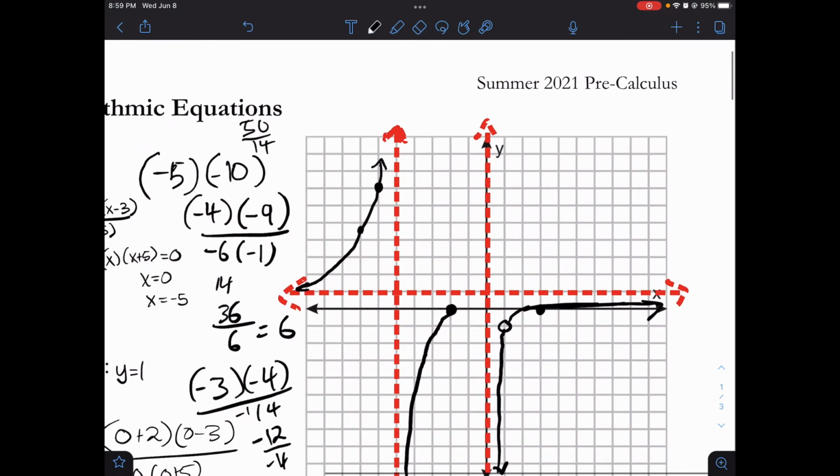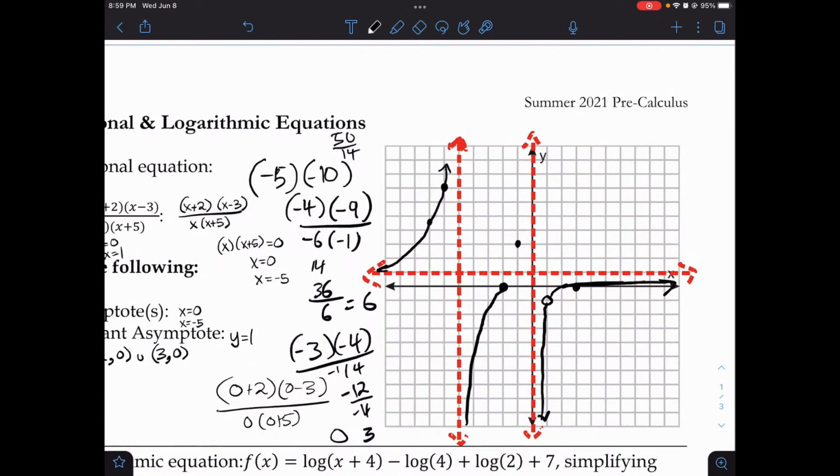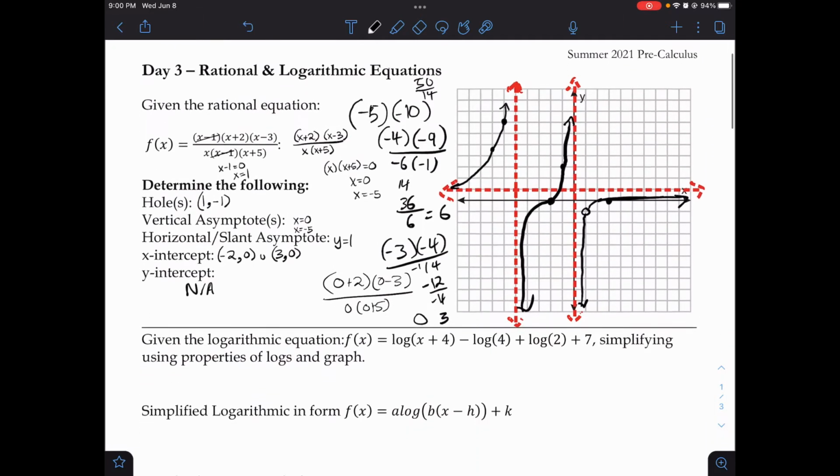So our next point is -1 and 3. So -1, 1, 2, 3, right there. So you see how the graph crosses the asymptote? And I was saying that let's make sure. So you always have to make sure if your graph is like that. So that's our new graph. And we have graphed it.